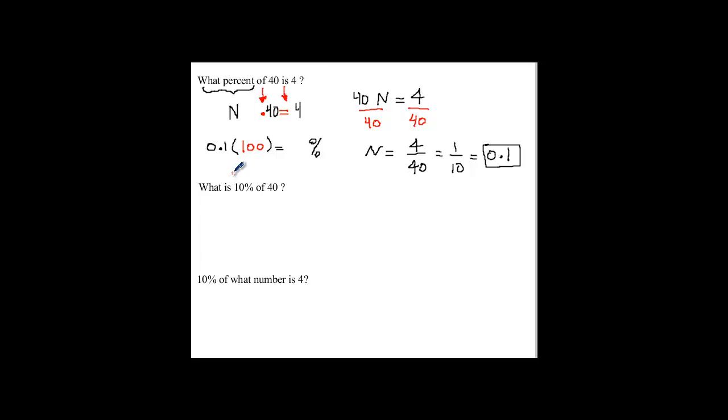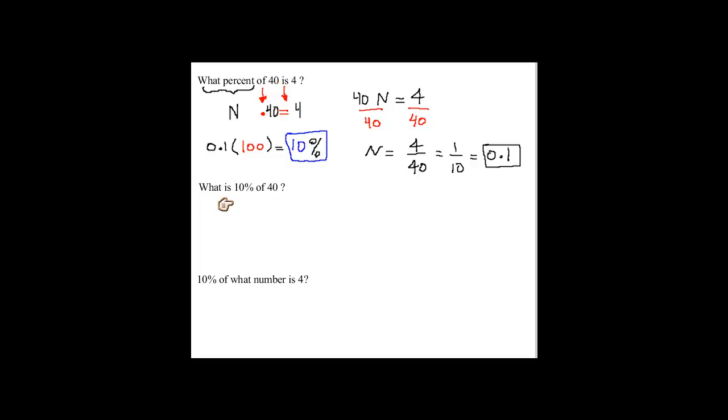So 0.1 times 100 would be how many percent, Richard? 10%. Excellent, 10%. So remember, when you go through this calculation, you get the answer in terms of a fraction or decimal. Then you have to convert to percent, because it says what percent of 40 is 4. So 10% of 40 is 4.